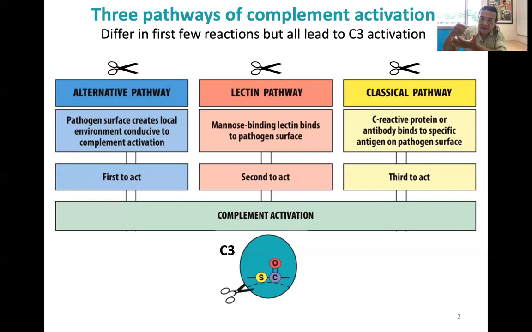And then once that complement protein is attached, it can facilitate the very rapid spreading of more complement proteins on the surface, thereby quickly opsonizing, or covering, the surface of a pathogen, and alerting our immune system that it's now easier to destroy. We will also talk about the lectin pathway and the classical pathway as our semester goes on.